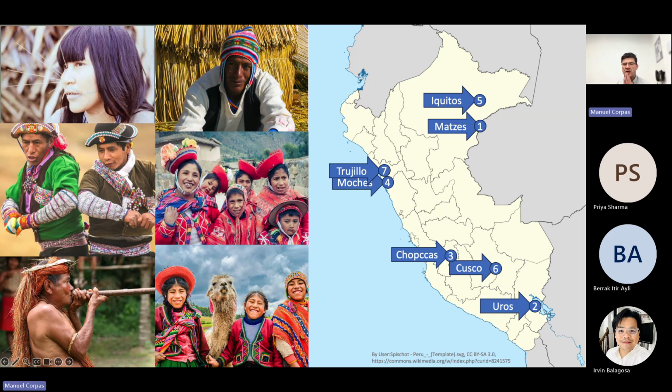Although Peru is just one country, it's one of the most diverse countries outside of Africa in terms of different populations in the world. And it's because, on the one hand, you have the coast, which is one of the most arid regions in the world. So it's completely desert.